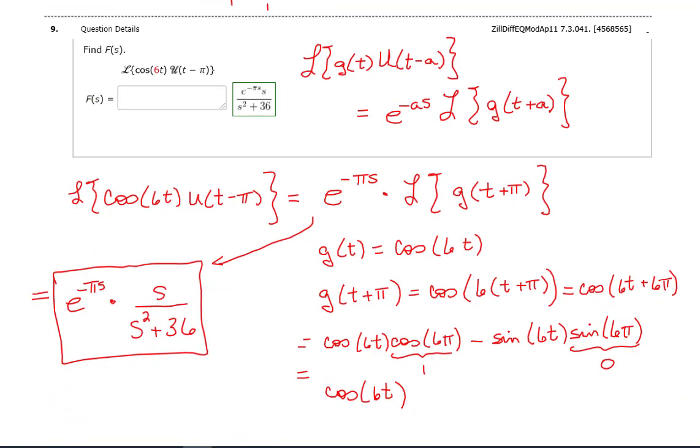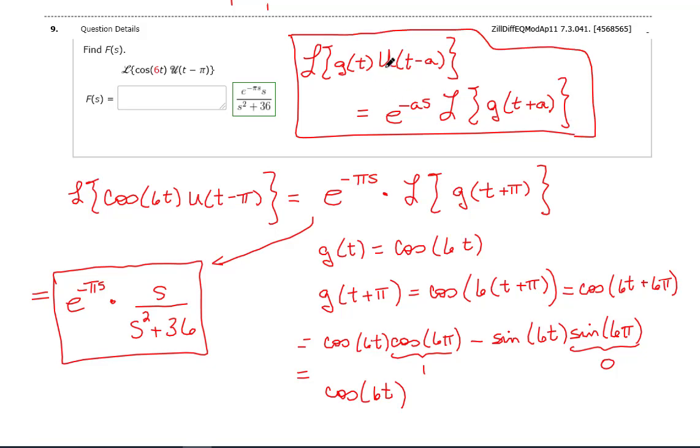All right, well, what if we do this for the cosine? So we have this relationship that the Laplace transform of g of t times u of t minus a is e to the minus as times the Laplace transform of g, my original g, at t plus a.